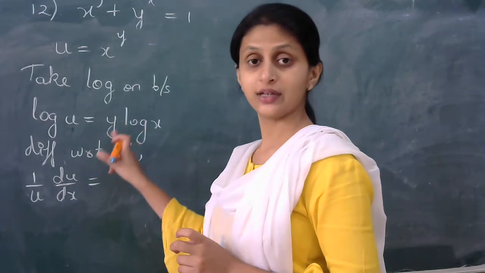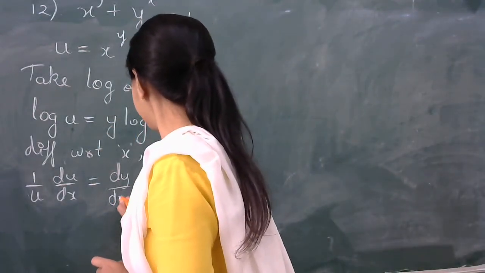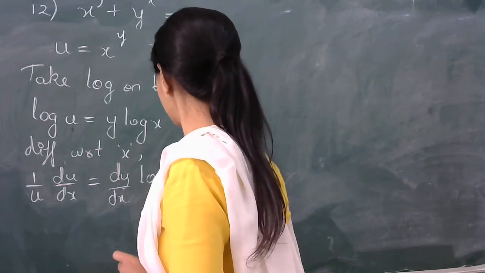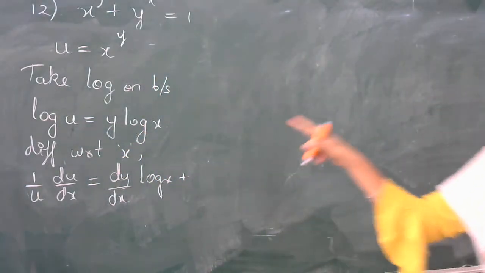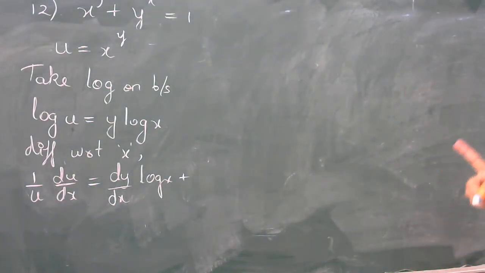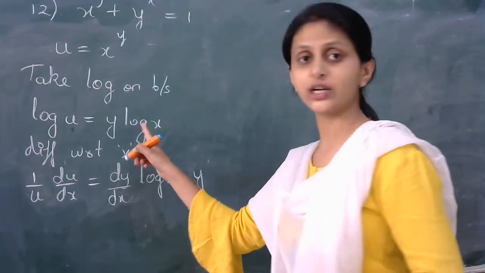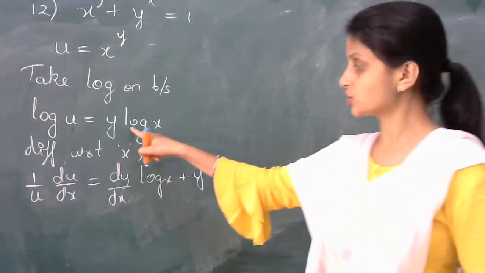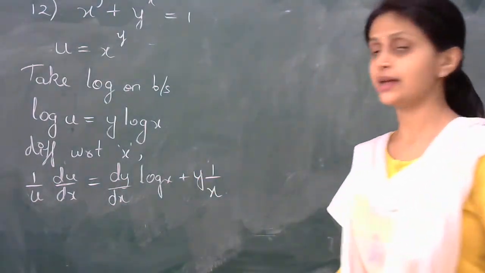So let us differentiate the first function: dy by dx into log x. See, first function we have differentiated with respect to x, and second function we have kept as it is, right? Next, keeping the first function as it is, differentiate the second function. The second function is log x, and differentiation of log x is 1 by x.